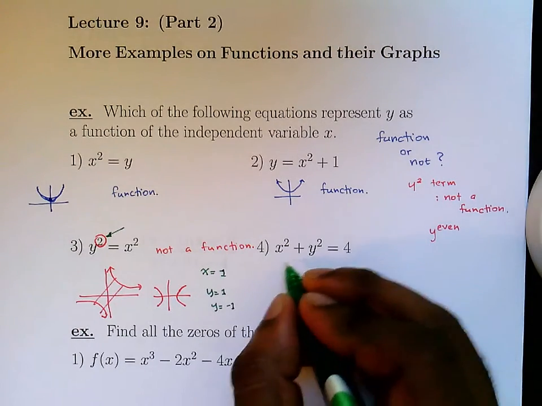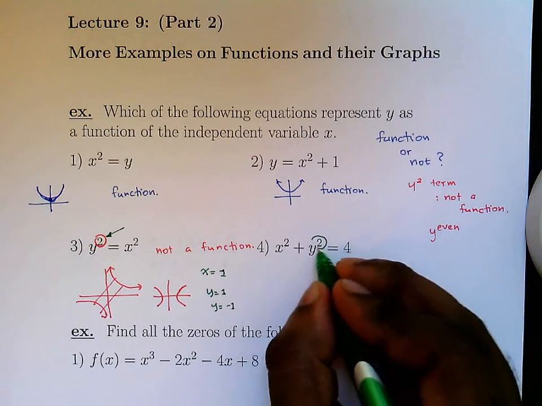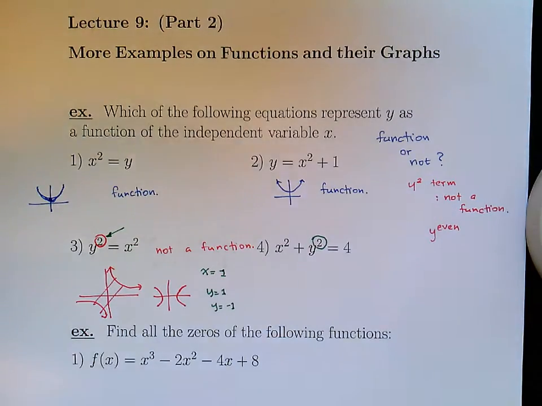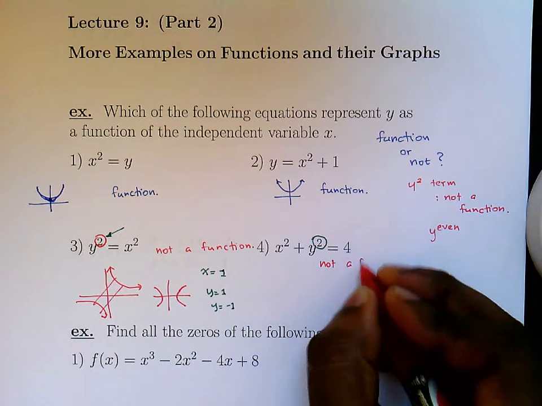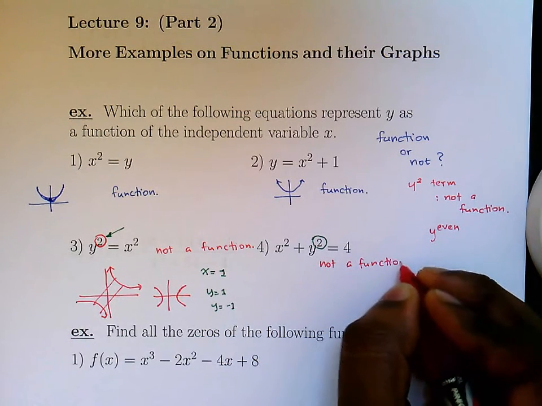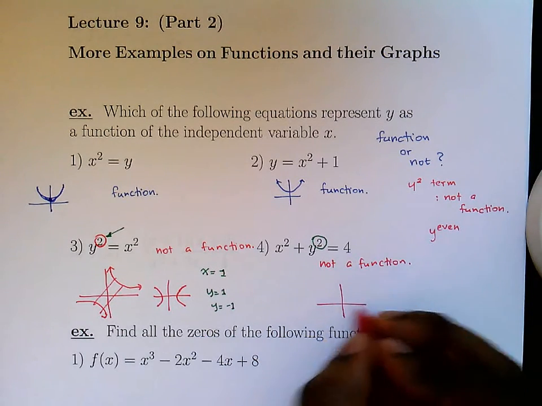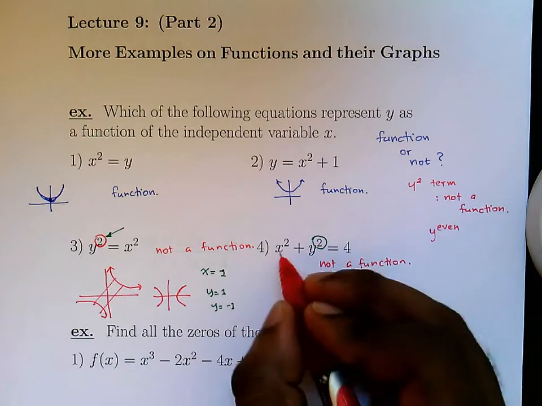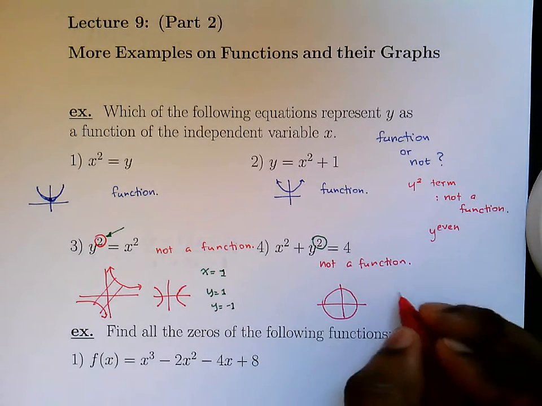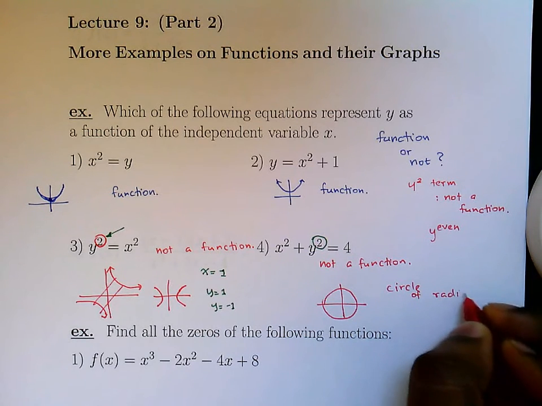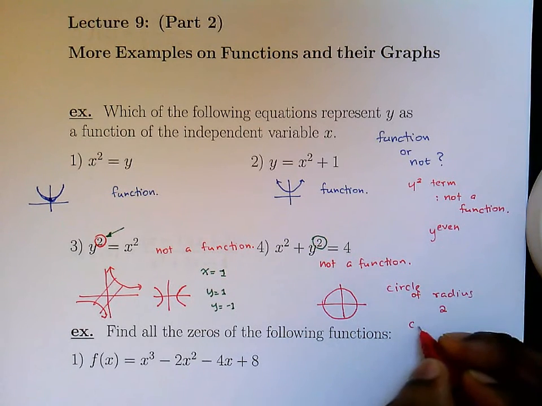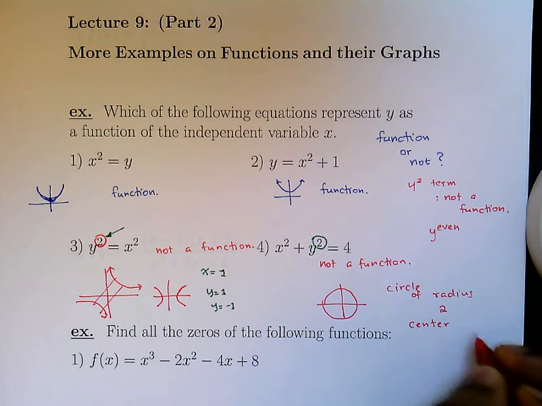And here also, this is of course not a function. Again, you can see the y squared term, so not a function. And you can think about the shape. It's a circle of radius 2. X squared plus y squared equals 4 is a circle of radius 2, centered at 0, 0.